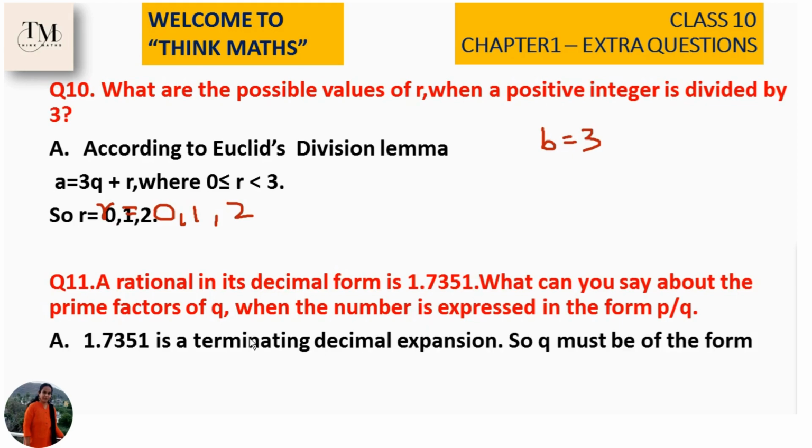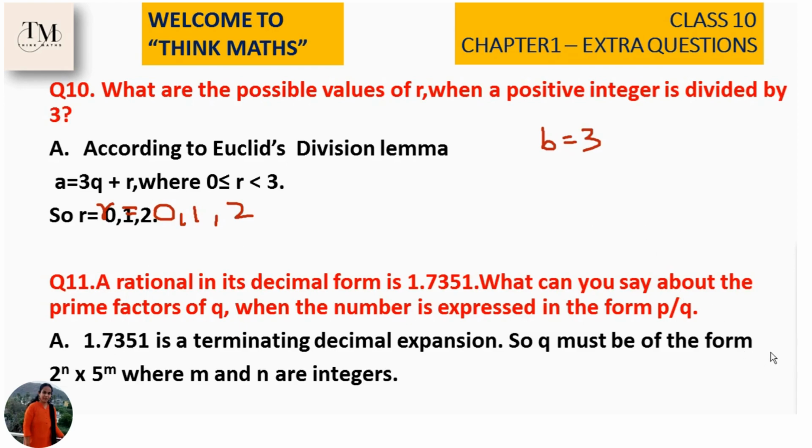So by theorem we can say that q must be of the form 2 power n into 5 power m, where m and n are integers. As it is a terminating decimal expansion, by theorem the denominator is of the form 2 power n into 5 power m.